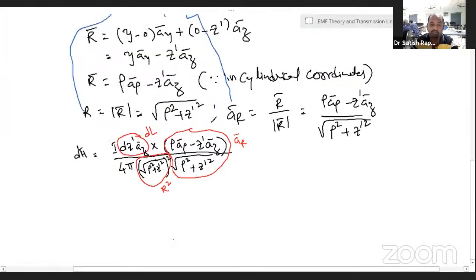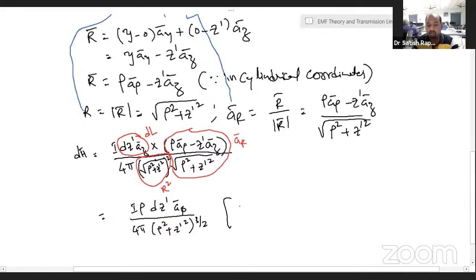Now simplifying this, let me give you the simplified equation after simplification: I rho dz dash a phi bar divided by 4 pi, rho square plus z dash square power 3 by 2. After simplifying, you will get this one.